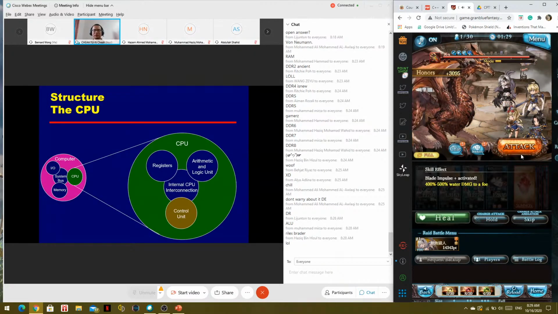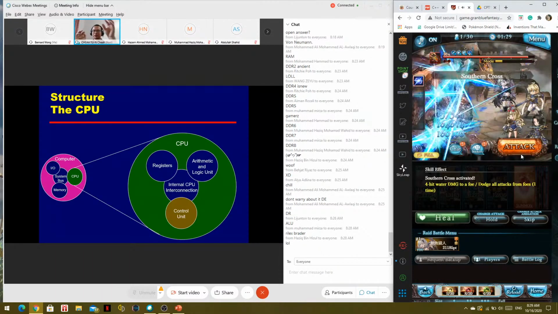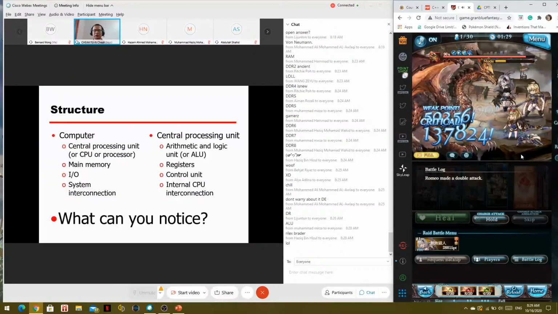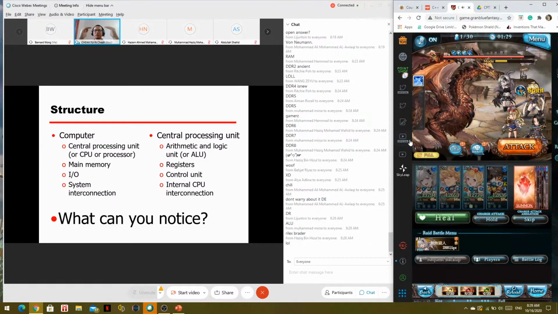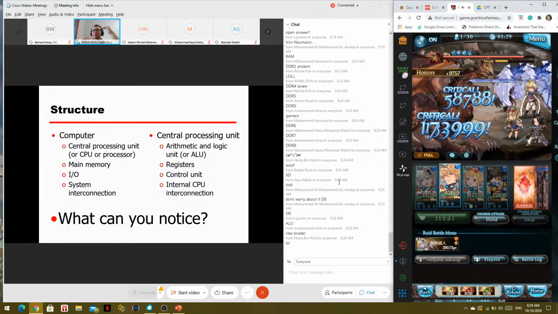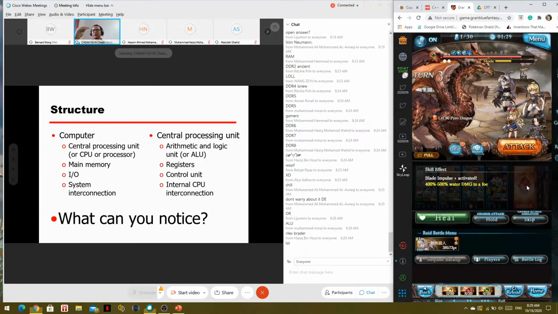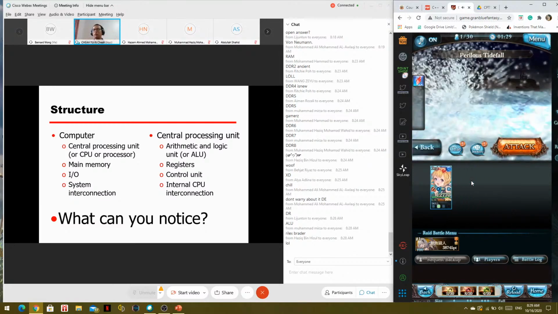Yeah, this one. So inside the CPU, when you blow it up, you have the ALU, registers, interconnection, and control unit, right? So, what can you notice from all these four components? You see, the computer has these four components, and the CPU itself has these four components. Now, what can you notice from all these four components?